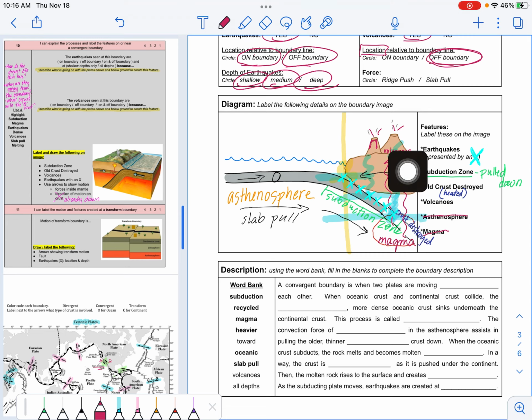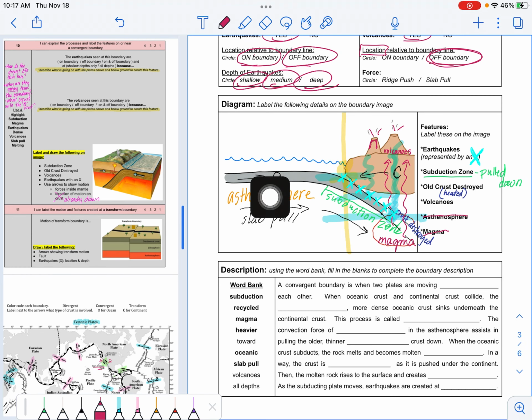And because they radiate straight up, they're happening far off that boundary line. Same thing with volcanoes. The melting only occurs at the base of that subduction zone. I don't have melting here yet. So my volcanoes aren't close to the boundary. They're farther away because of the subduction zone melting at the bottom. So you're describing that using your details, and you can get some helpful hints from this section as well.